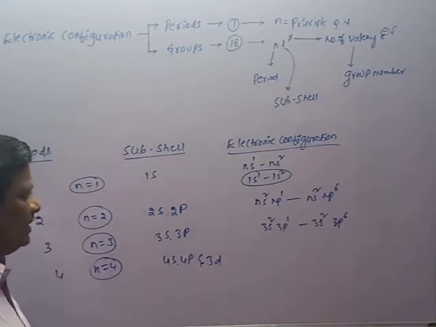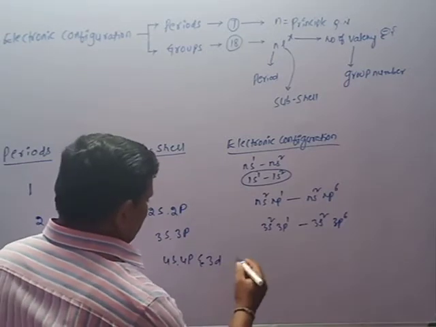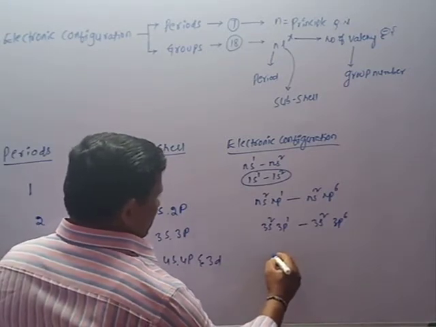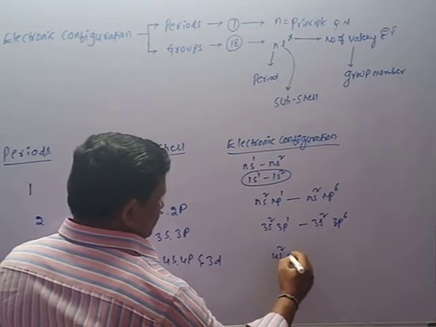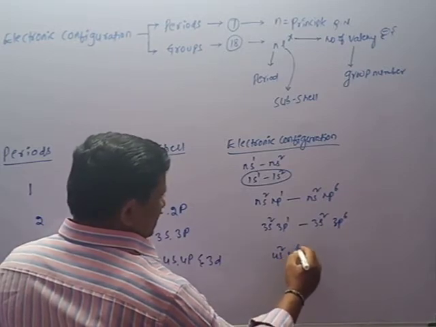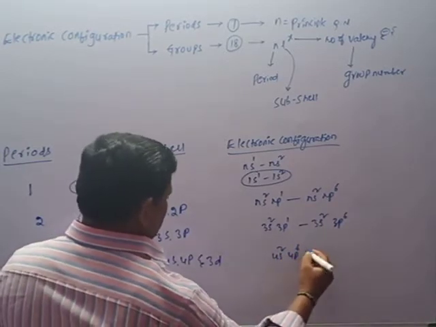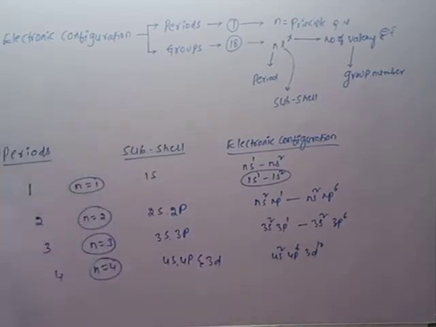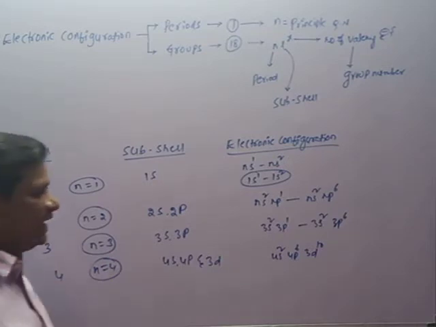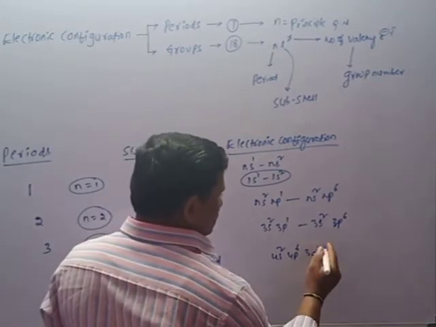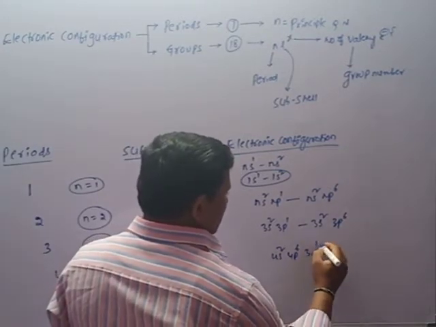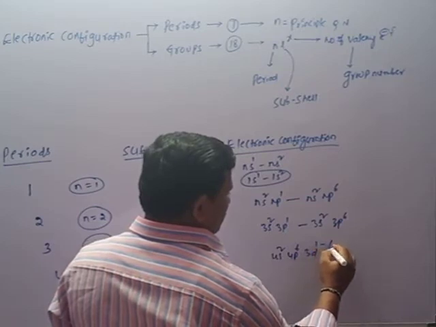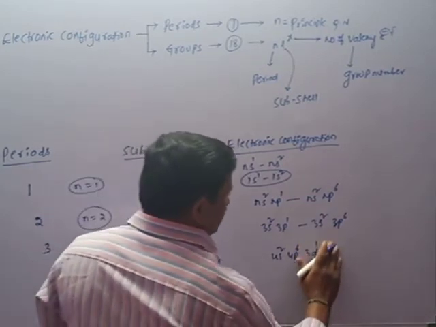So 4s2 4p6 and 3d10. The fourth period consists of 18 elements. So 4s2 4p6 and 3d, from 1 to 10.